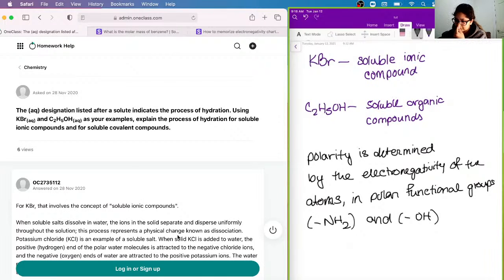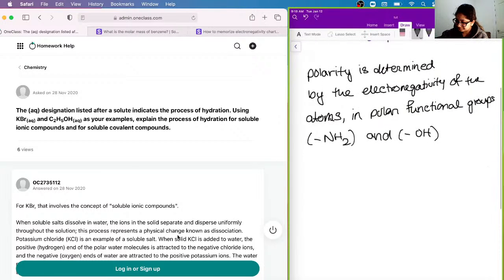Okay. And so overall polarity is a balance of the nonpolar parts and the polar parts, and it can be convenient to basically break a molecule into its polar and nonpolar parts. And so a larger nonpolar organic hydrocarbon part will tend to make it less soluble in polar solvents, right?